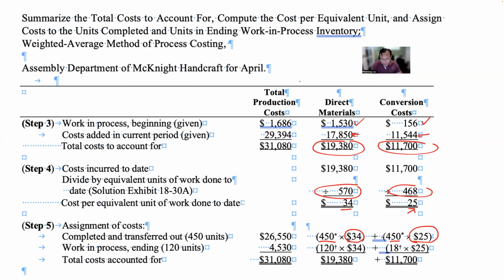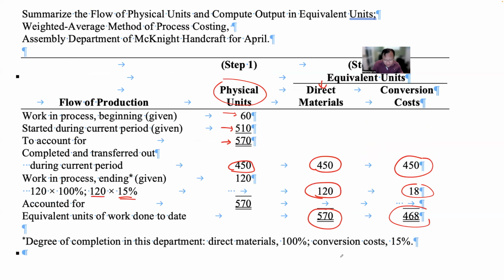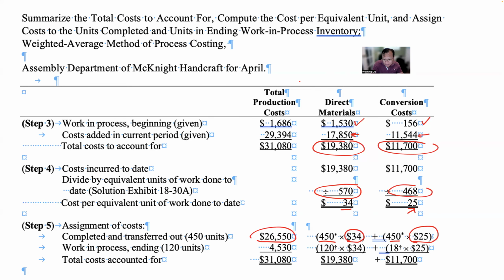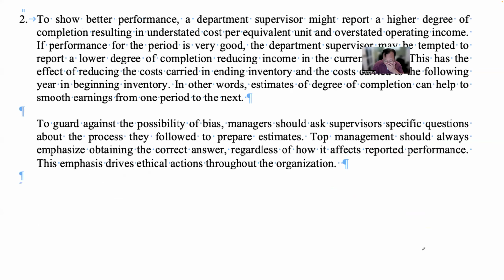So I'm able to calculate the total cost for the items completed and transferred out. For the ending 120 units, again I use equivalent units, 120 and 18, times the corresponding cost per equivalent unit.